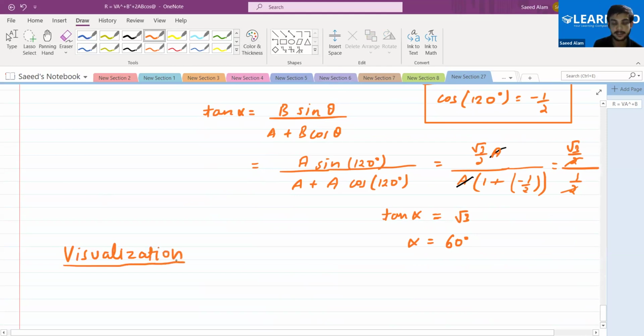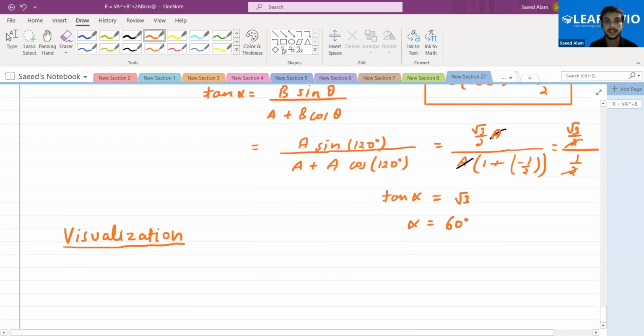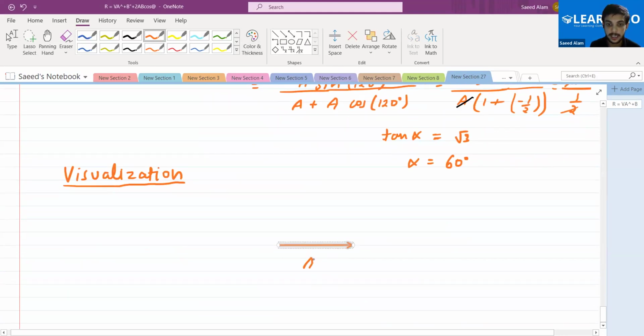the actual visualization that I want to say you here is that if you take a vector A like this, and you take another vector of the same magnitude, somewhat like this.